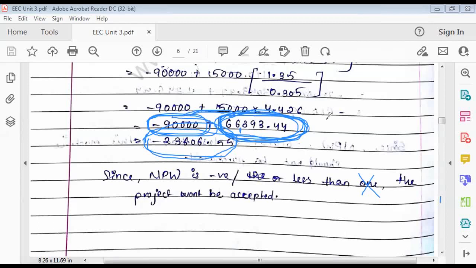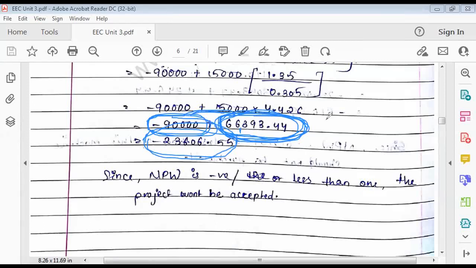So remember this. Remember this formula, the shortcut formula I just used. Remember the original formula, that is minus C naught plus R1 by 1 plus R plus R2 by 1 plus R whole square plus R3 by 1 plus R whole to the power 3, up till Rn by 1 plus R whole to the power n, or RT divided by 1 plus R whole to the power t.